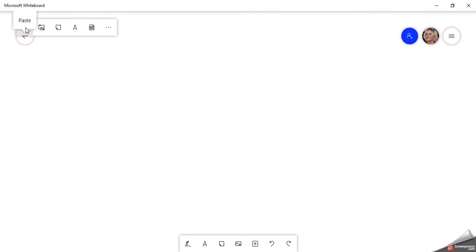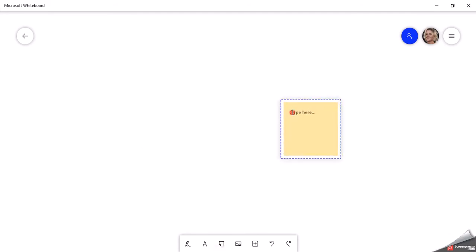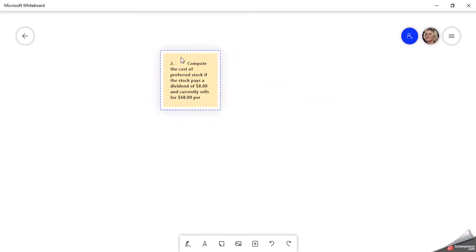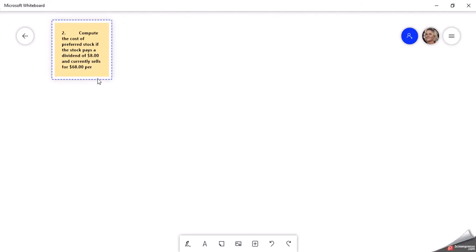Doesn't like my pasting, darn it. What if I open that note to me? Let's see if it lets me paste it there. Okay, yes. All right, so we'll do it that way. We'll do it in the note.